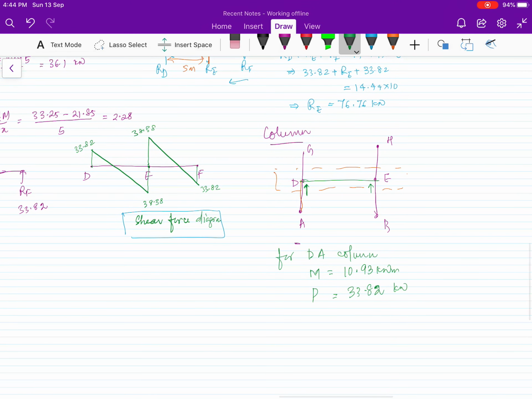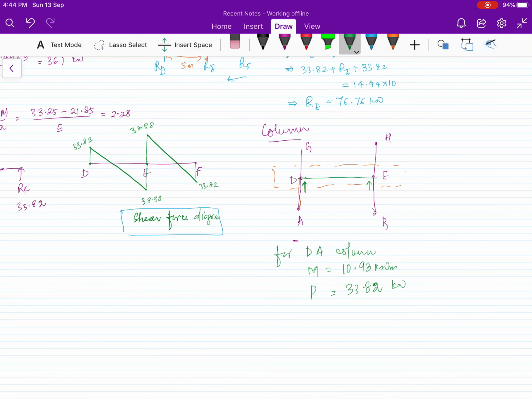Now, this we have designed for vertical load. So when you are taking the axial load, you also have to add the self weight of the column, plus the axial force that comes from the column above, because if this is the column, your axial force will transfer till the foundation. There is only one column above, so I'm going to add again the same 33.82 for the column above.